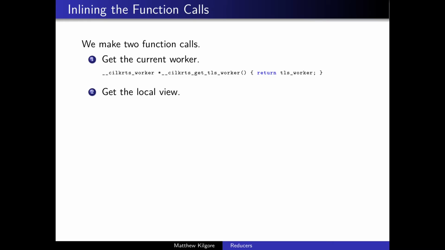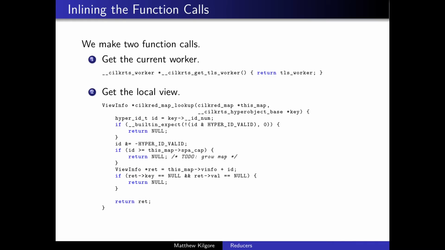And the other one we have to do is to get the local view. Now, if you'll recall from the SPA lookup specification, that should theoretically just be indexing into the view map. In practice, we have a few other branches, some of which are totally duplicated from the prior hyperobject lookup.